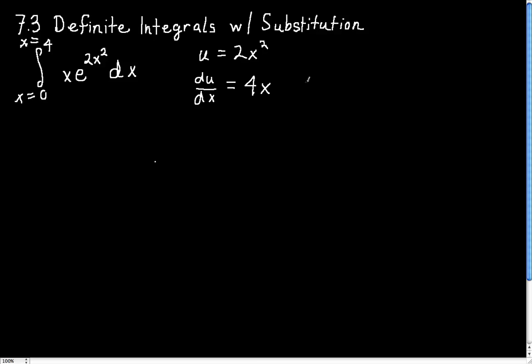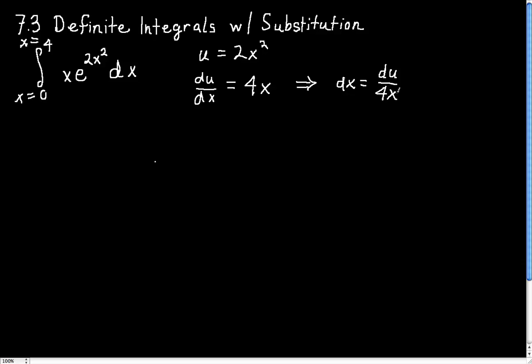Another way of saying this is if I multiply, quote unquote, by dx and then divide by 4x, this means that dx equals du over 4x.